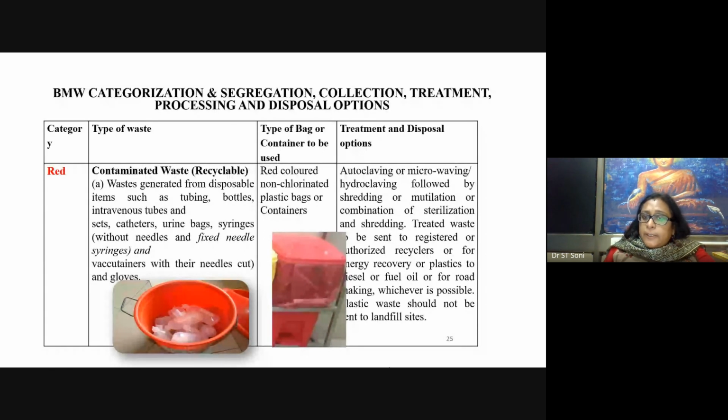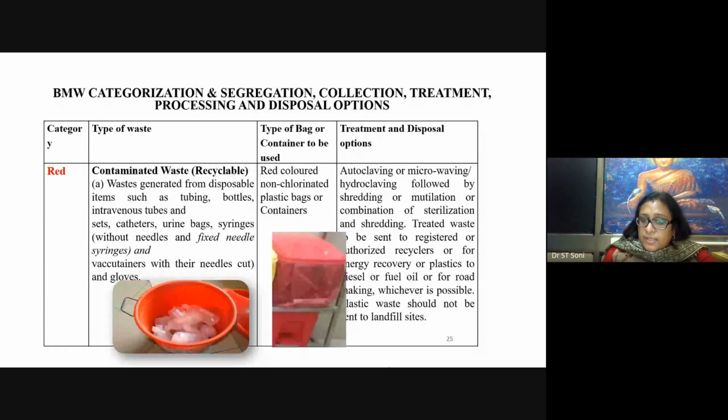And basically these wastes are being treated and sent to the registered authorized recyclers by the State Pollution Control Board or Central Pollution Control Board, and this entire plastic is being given to them.